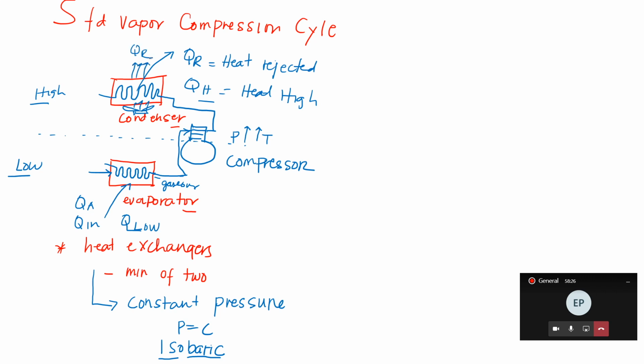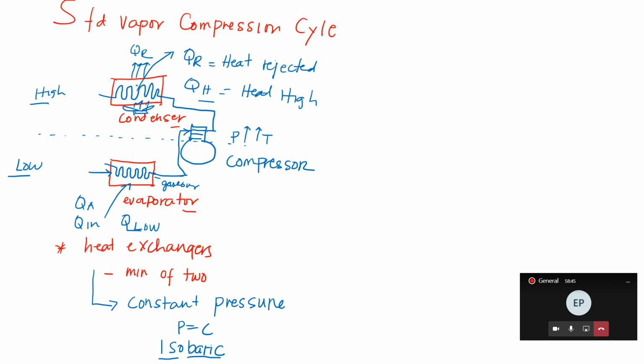That's why this is QR. That explains why the condenser is put at the back, bottom, or side of the refrigerator. When you stand at the back of the refrigerator, what would you feel?